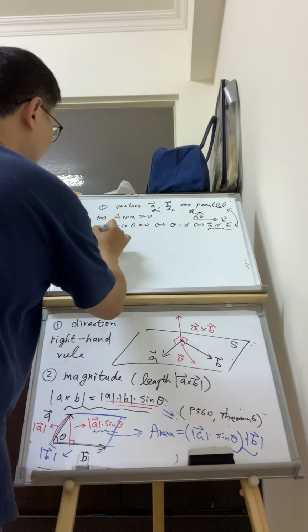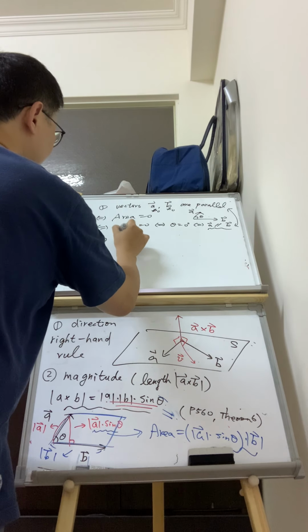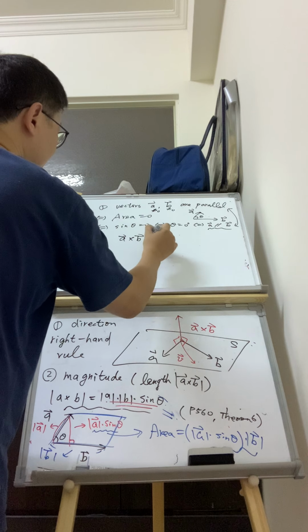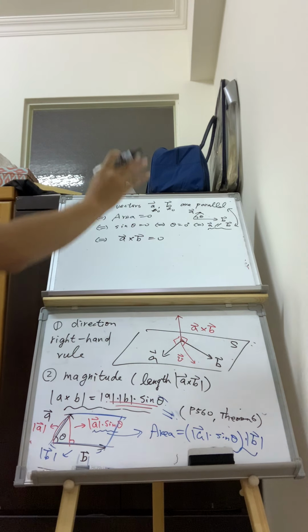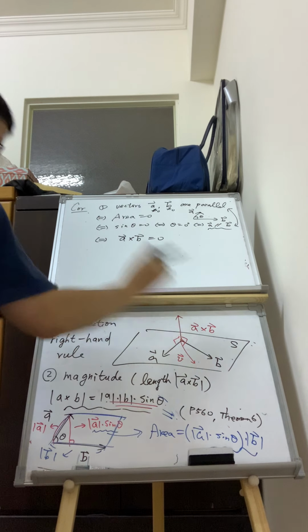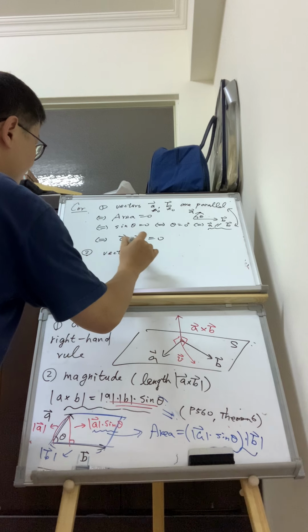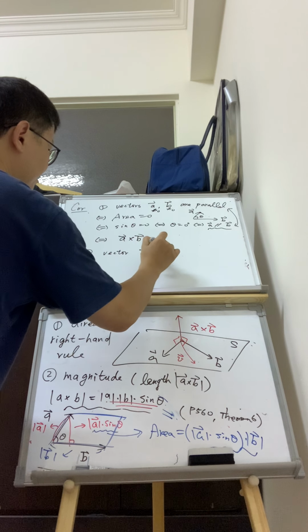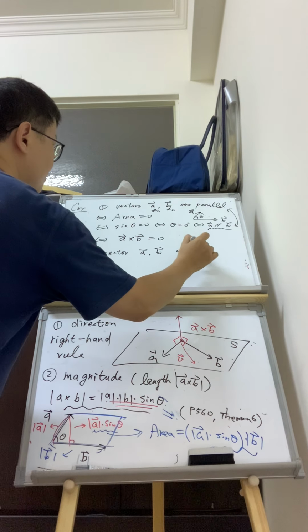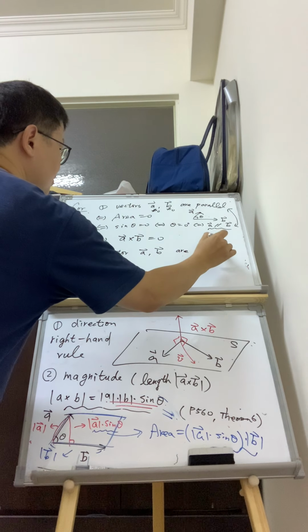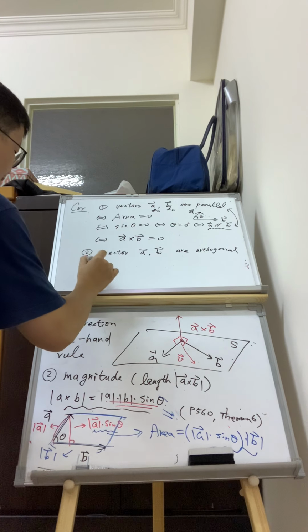Of course it also means that their cross product equals 0. Then let me remind you, if we say two vectors A and B are orthogonal, what do we mean?